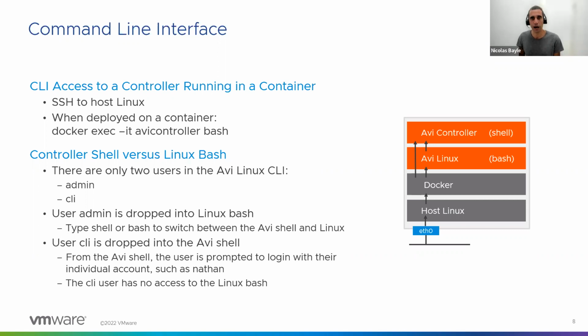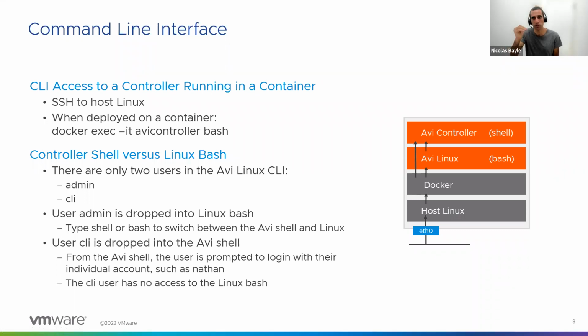If you are running your AVI controller on top of a container, in this case, you will need to SSH to the bare metal server or the VM that you are using, and you will need to type this command here, docker exec -it avi-controller bash, to make sure that you are inside the container.